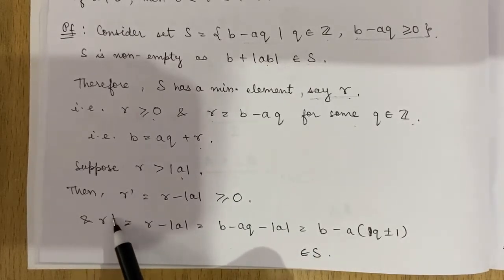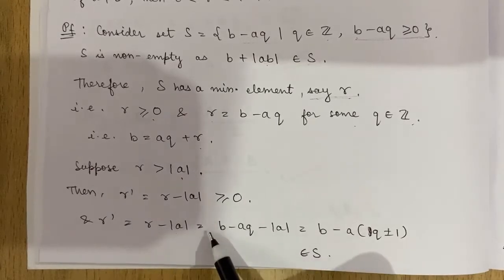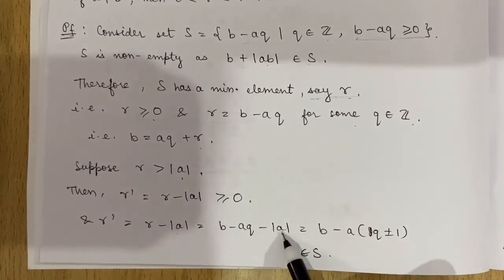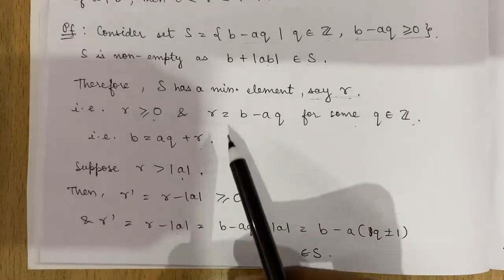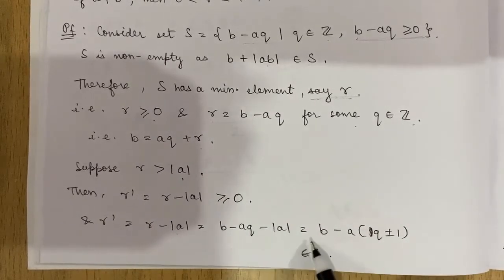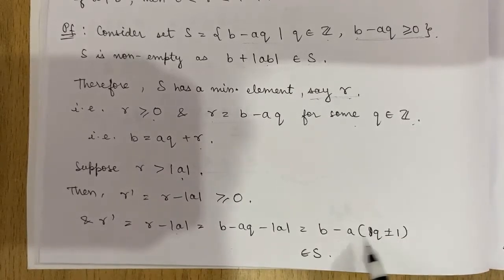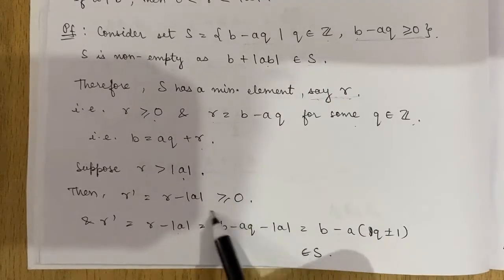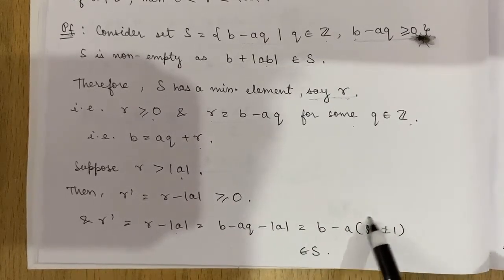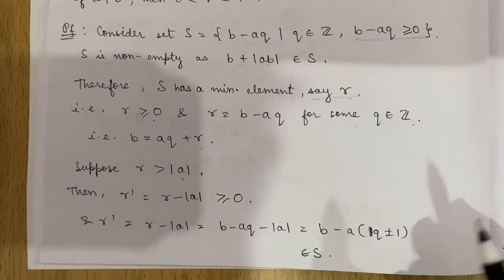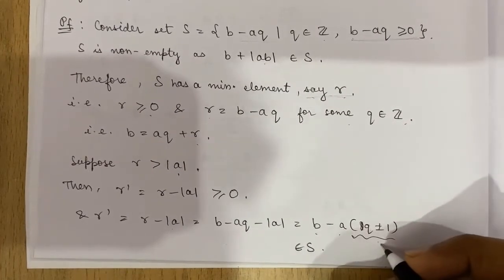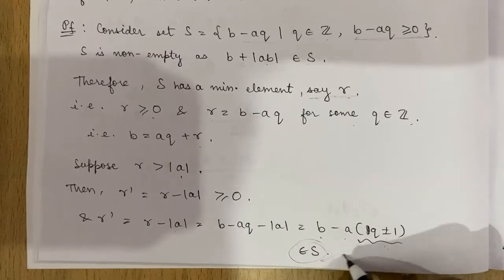And R dash equals R minus mod A, which is B minus AQ minus mod A, from the previous equation, and so this is B minus A times Q plus or minus 1, depending on the sign of A. So this is of the form B minus AQ. So this R dash also belongs to the set S. R dash is greater than 0, and R dash is of the form B minus A times another integer, so this number belongs to the set S.